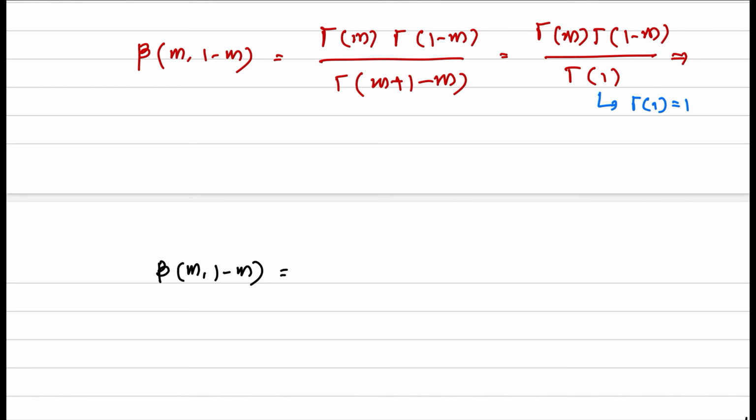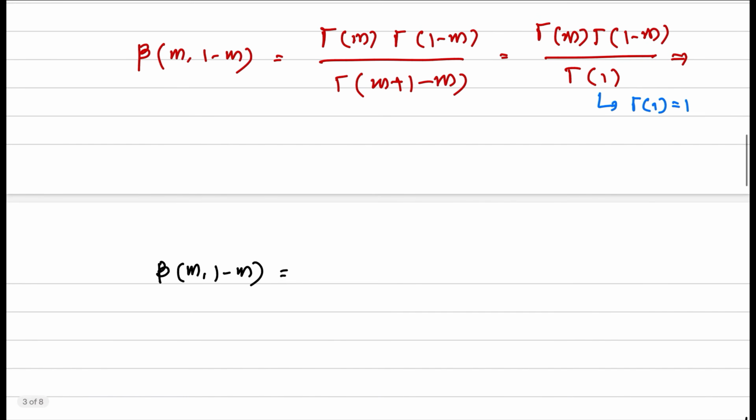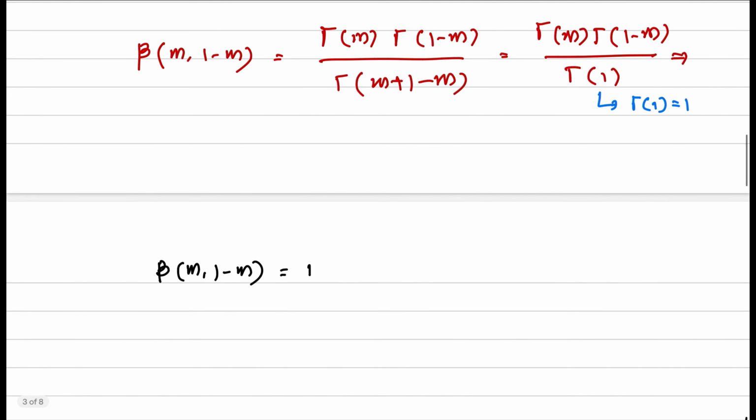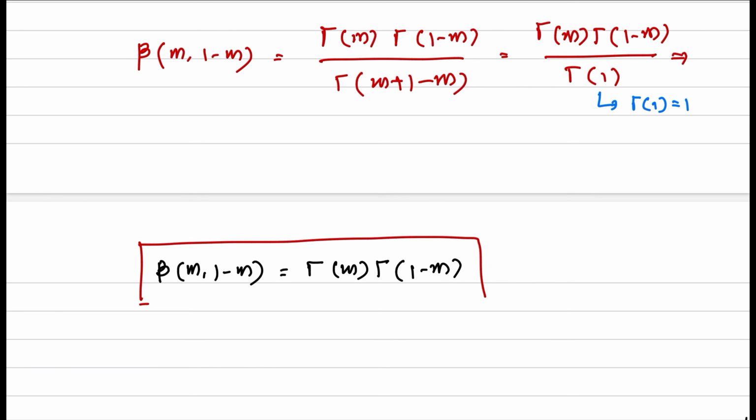So, beta m 1 minus m is equal to, the denominator becomes unity, gamma m into gamma 1 minus m. This is the gamma reflection formula. Gamma m into gamma 1 minus m is equal to beta m 1 minus m.